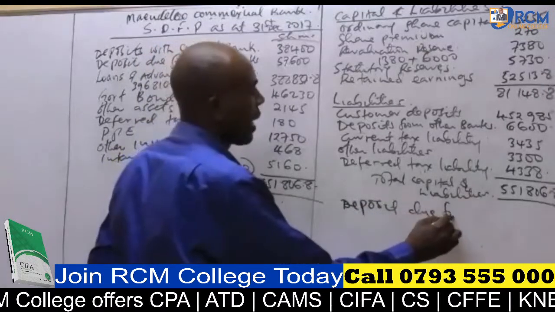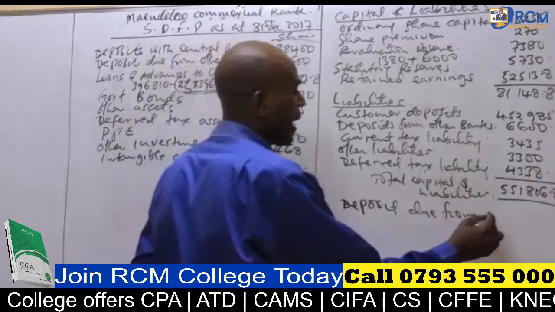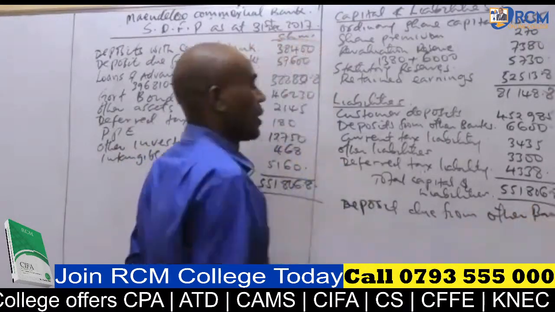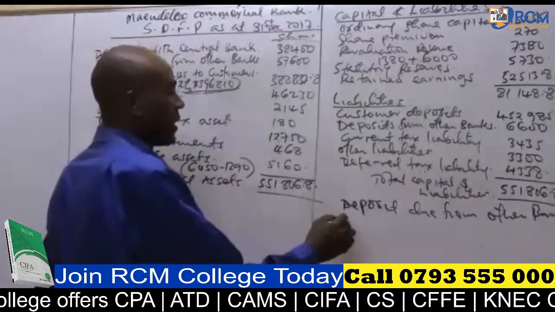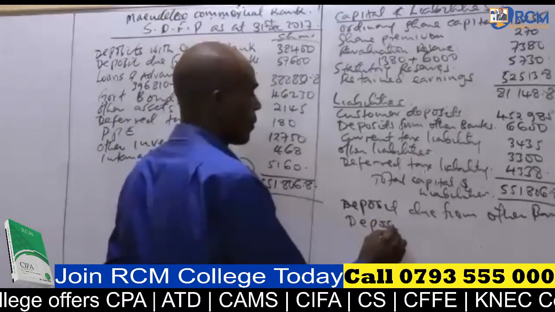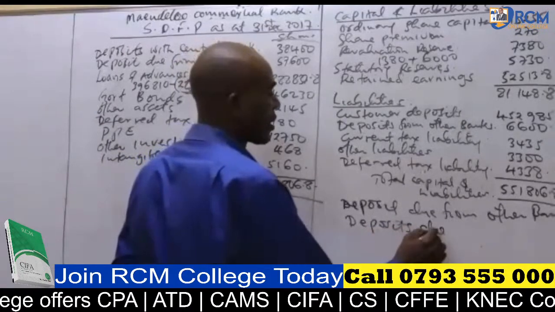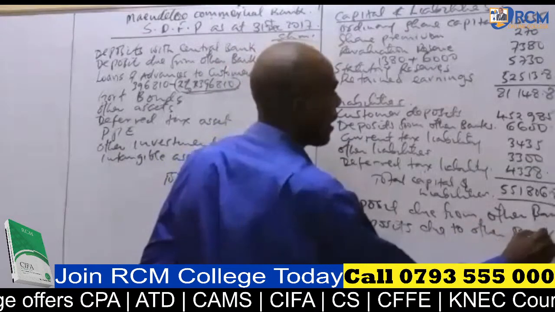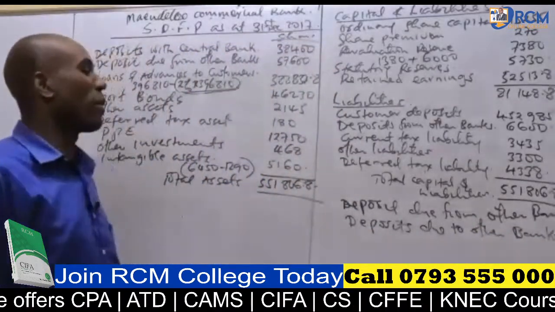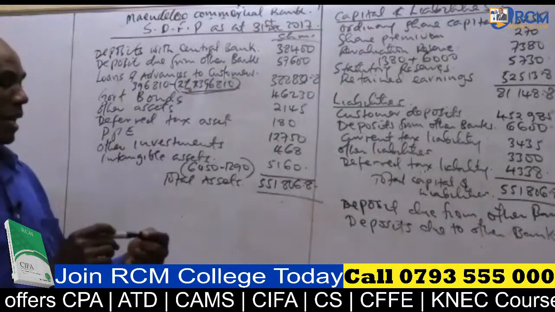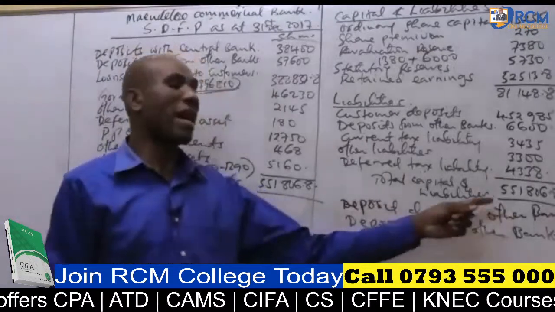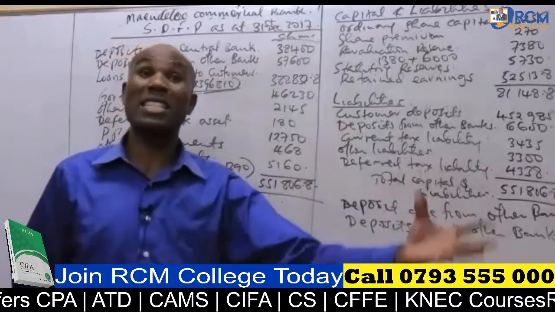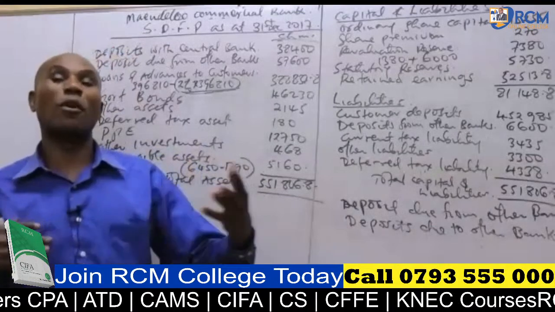And remember, we have clarified that if the examiner says that this is a deposit due from other banks, then we have deposits due to other banks. There is a very big difference. When we say due from other banks, it means it's a receivable. We are required to receive from other banks.